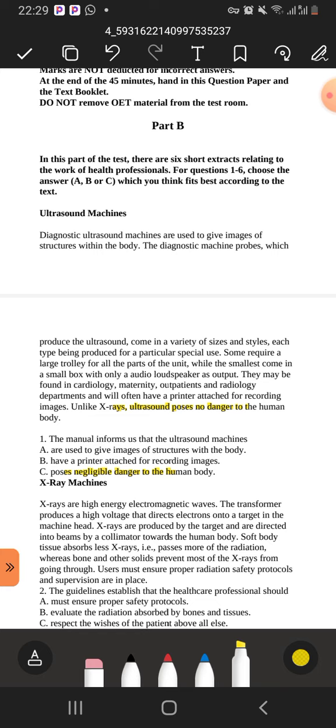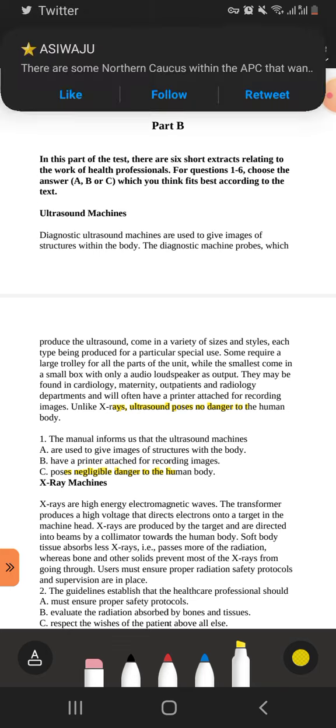But option C has changed the meaning of what the extract is saying. The extract talks about ultrasound posing no danger, but in option C, they are talking about it posing danger, but a negligible one. So a negligible danger is different from no danger.